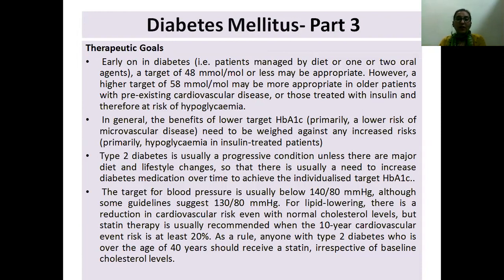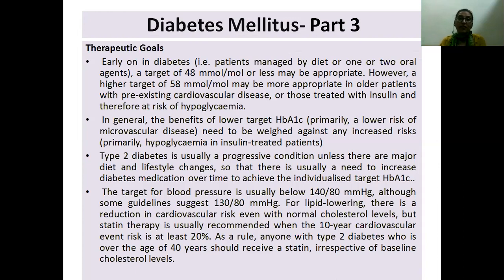Early on in diabetes, when the patient is managed by diet or one or two anti-diabetic agents, a target of 48 millimole per mole or less may be appropriate. However, a higher target of 58 millimole per mole may be more appropriate for the chronic patient, the old patient, the patient with pre-existing cardiovascular disease, or those being treated with insulin, because they are at risk of hypoglycemia.